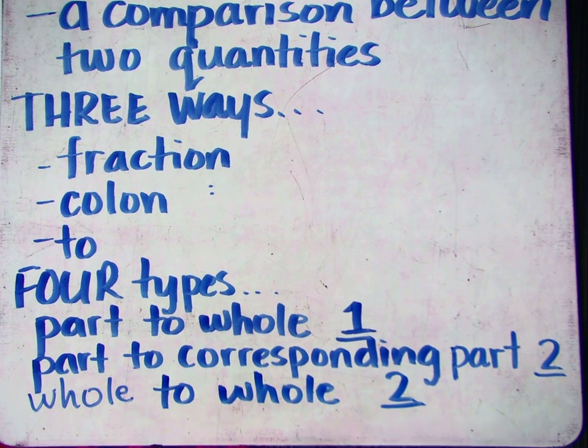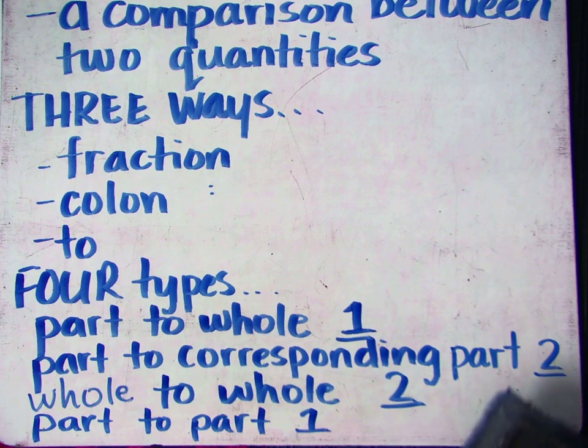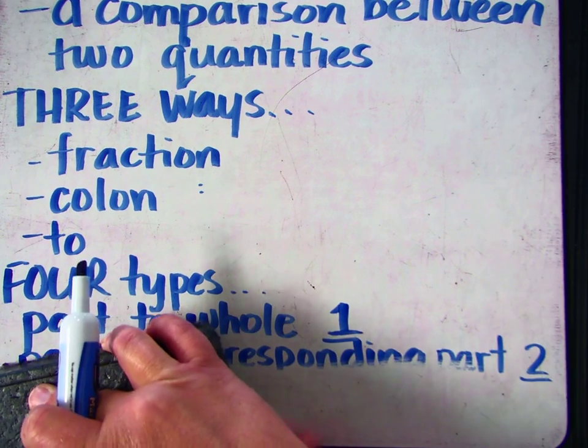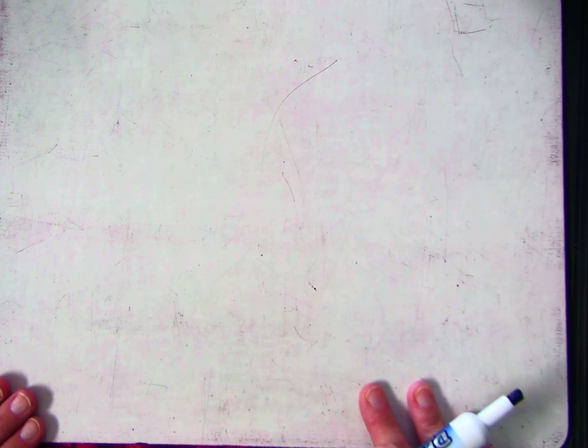And finally, we have part to part, which only requires one set of data. So the four types of comparison: part to whole, part to corresponding part, whole to whole, part to part. Again, if you missed any of that, please pause or rewind the video and go back and put it in.